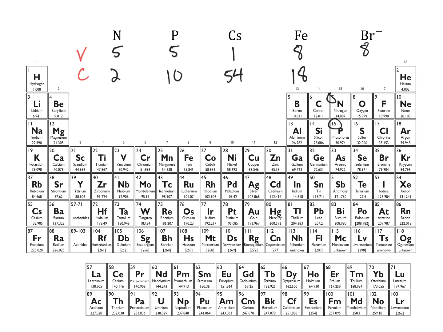It has a total of 36 electrons, because bromine has 35 and, since it's negative, it has a total of 36. So 36 minus 8. I'm sorry, not 18, but 28. Let's fix that. 28, that looks better.